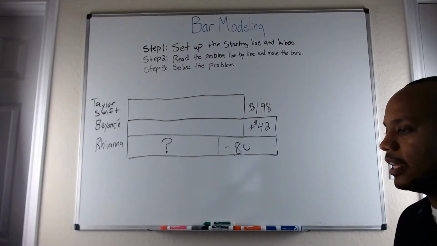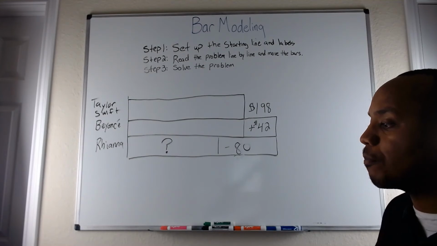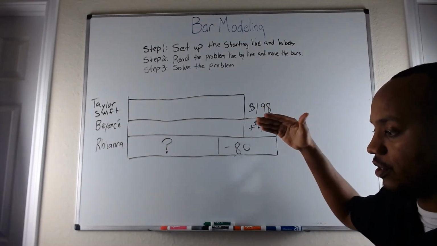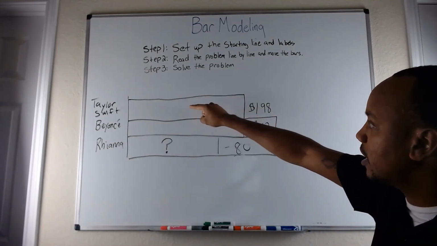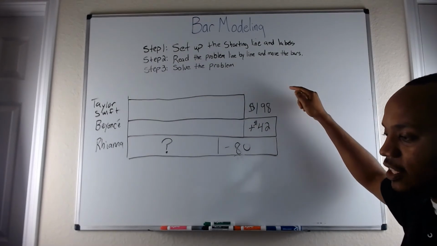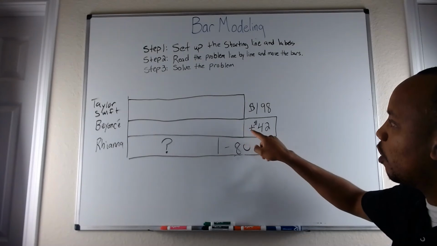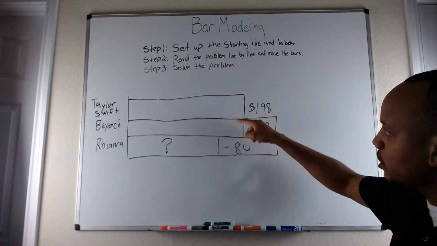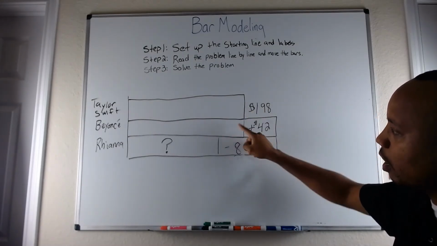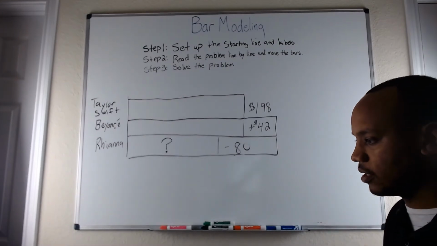All right. Now, this is a bar model of the words. Taylor Swift's ticket price for her 1989 tour, $198. Beyonce tickets are $42 more than Taylor Swift's. Copy Taylor Swift's bar, extend it out $42.